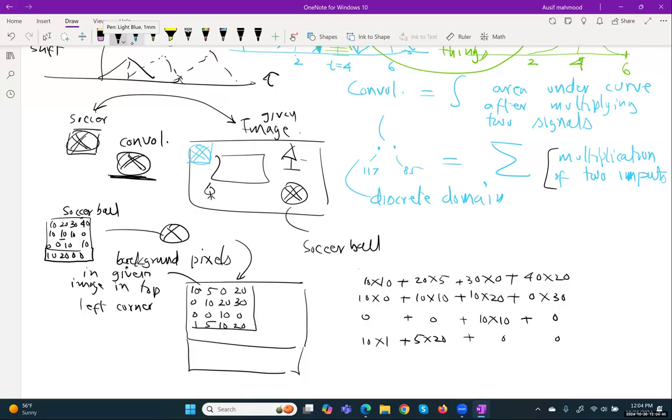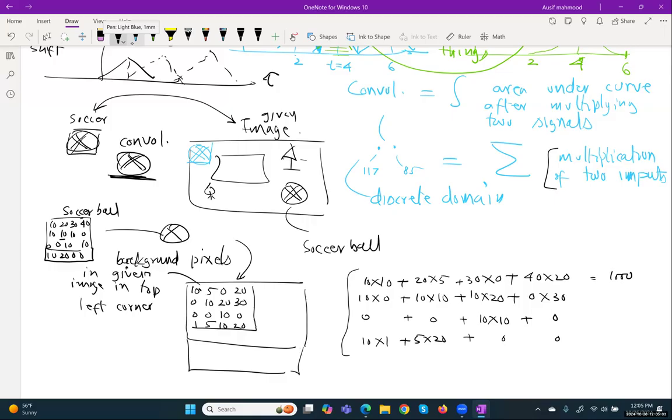So what will my number come out to be? This is 100 plus 100, 200. This was 0, plus 800. So 1,000 is the first row.